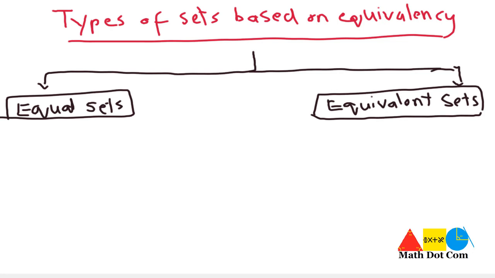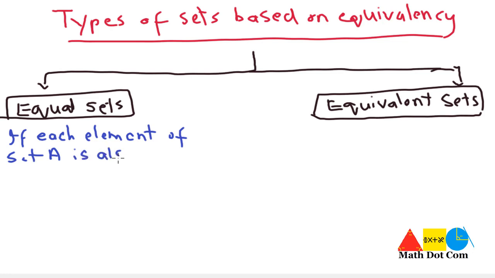First of all, we will see what equal sets are. We will define it this way: if each element of set A is also an element of set B, then the sets are called equal.